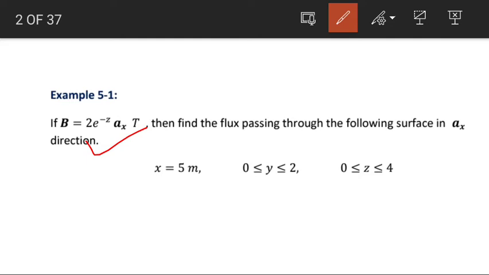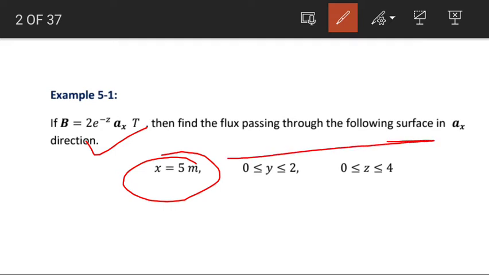This is a constant X surface, and you know that the unit vector which is normal to the constant X surface is AX, and Y is changing from 0 to 2 while Z is changing from 0 to 4.